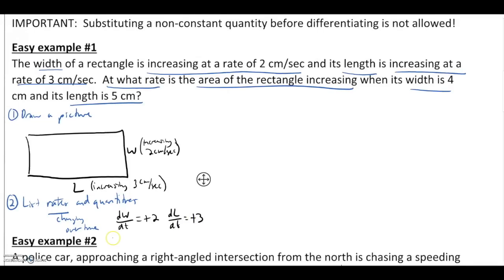And we also know our main goal, which is to find the rate of change for the area of this rectangle, which let's go ahead and call dA/dt, when the width equals 4 and length equals 5. And now we've taken that entire problem situation and laid it out with all of our key values. So step 3, we want to relate all of our variables in an equation.